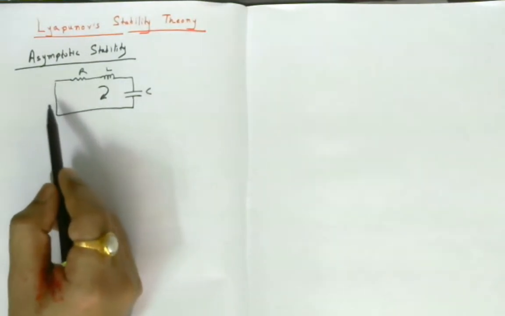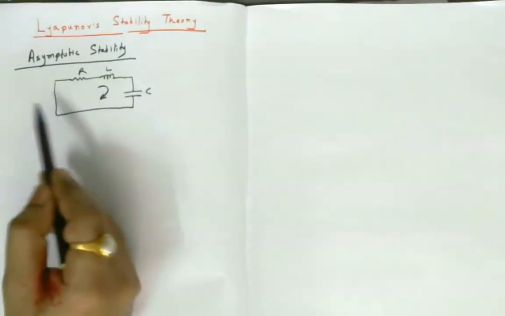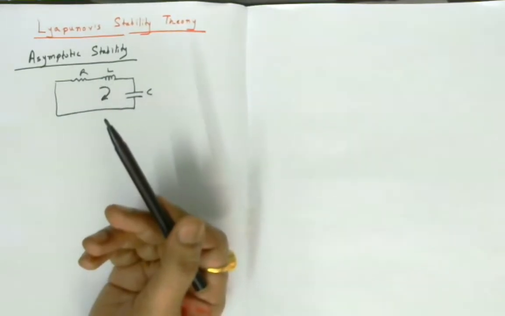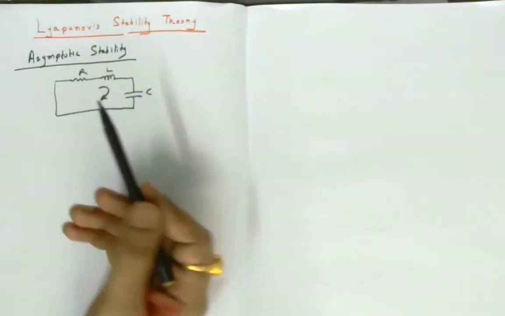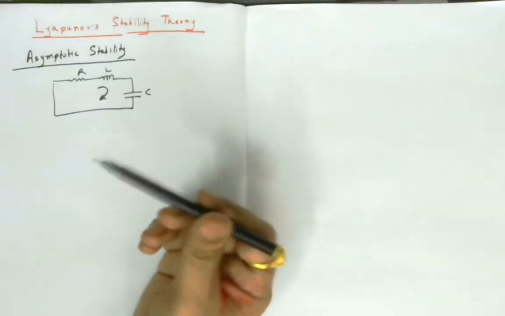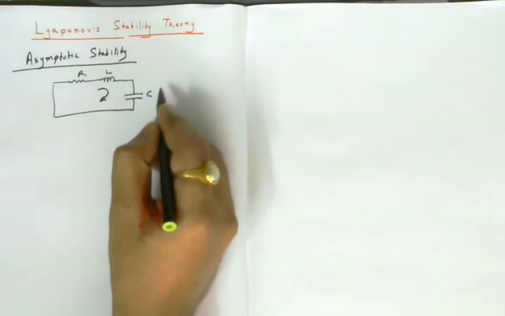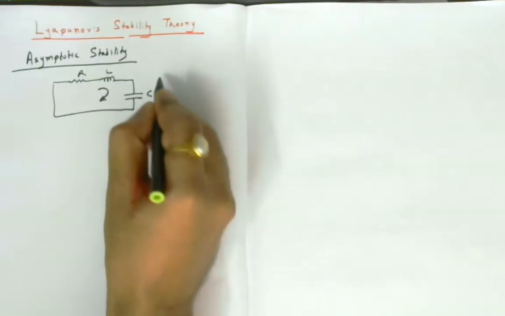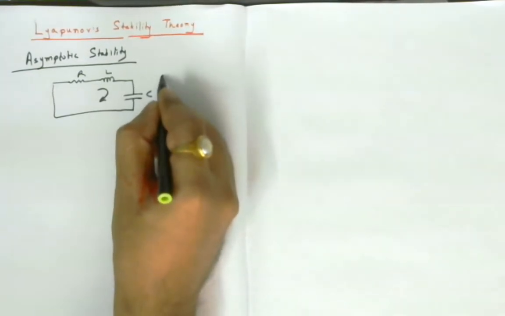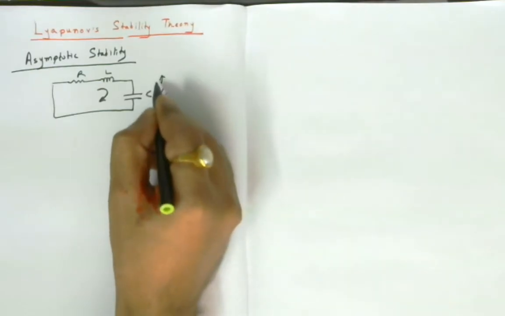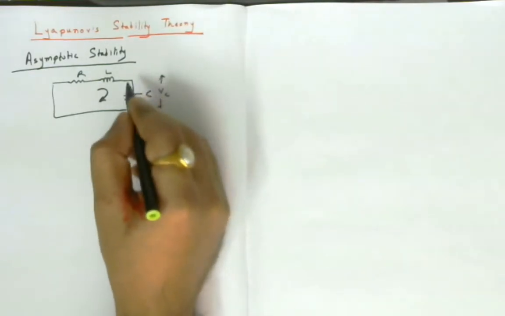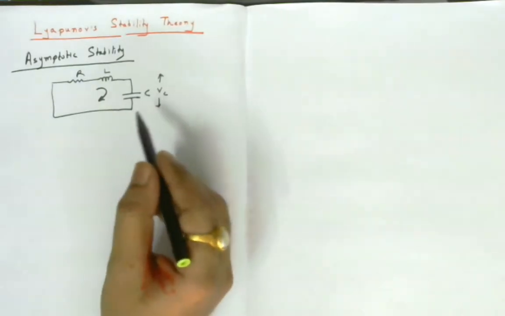We have not applied any external input to the circuit, so how will the current flow? Is it possible? Yes, if you bring a charged capacitor, there should be a voltage across the capacitor. Now this voltage will supply the current in the circuit.